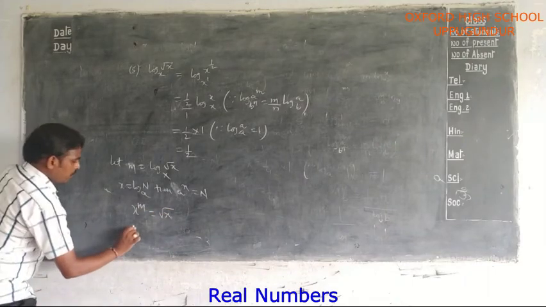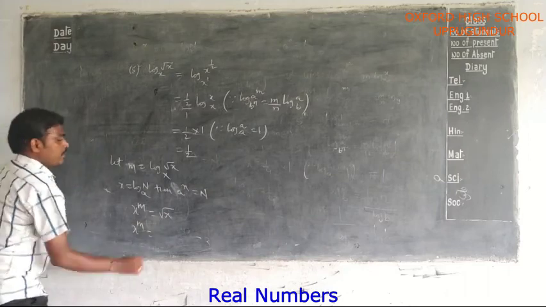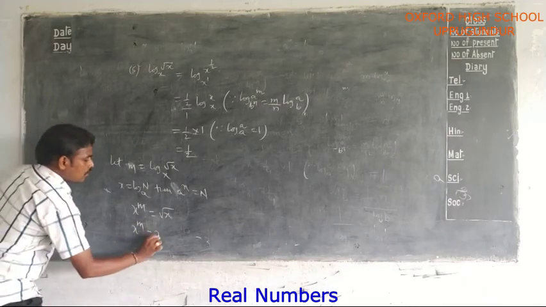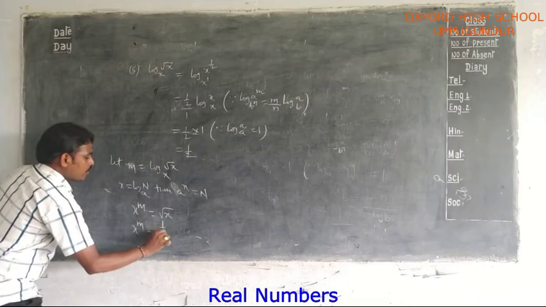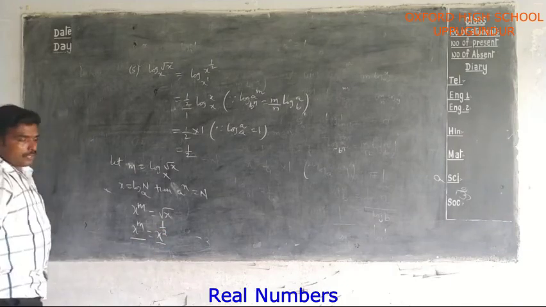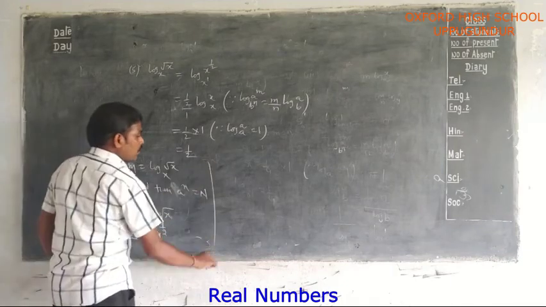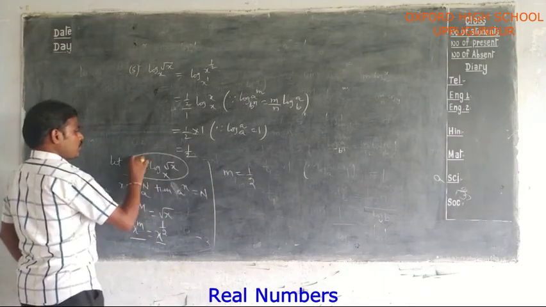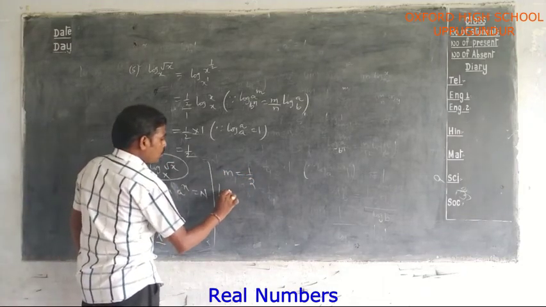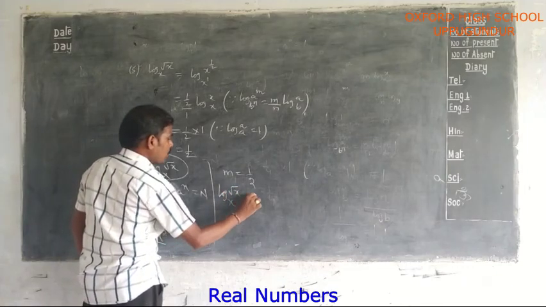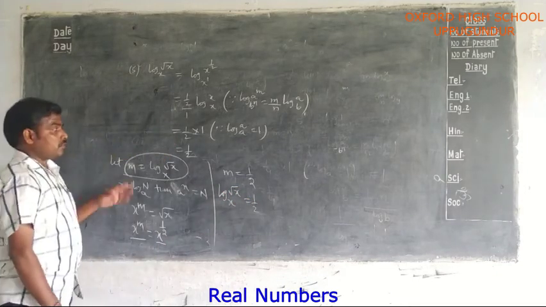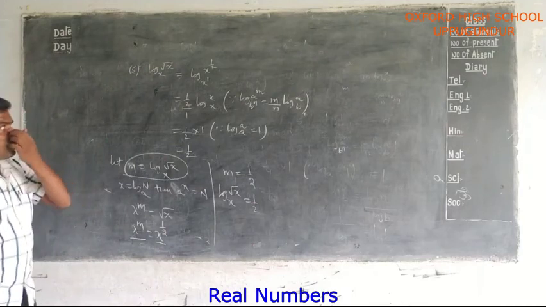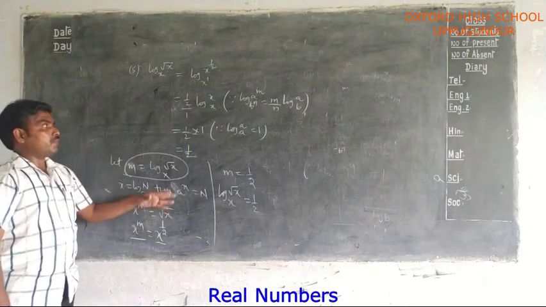So x power m equals root x, which is x power 1 by 2. Now your bases are equal, so equating the powers, m equals 1 by 2. M means what we are assuming? Log root x base x equals 1 by 2. So in this way you can do in both the methods. Whichever method is easy and convenient for you, in that method you can do.